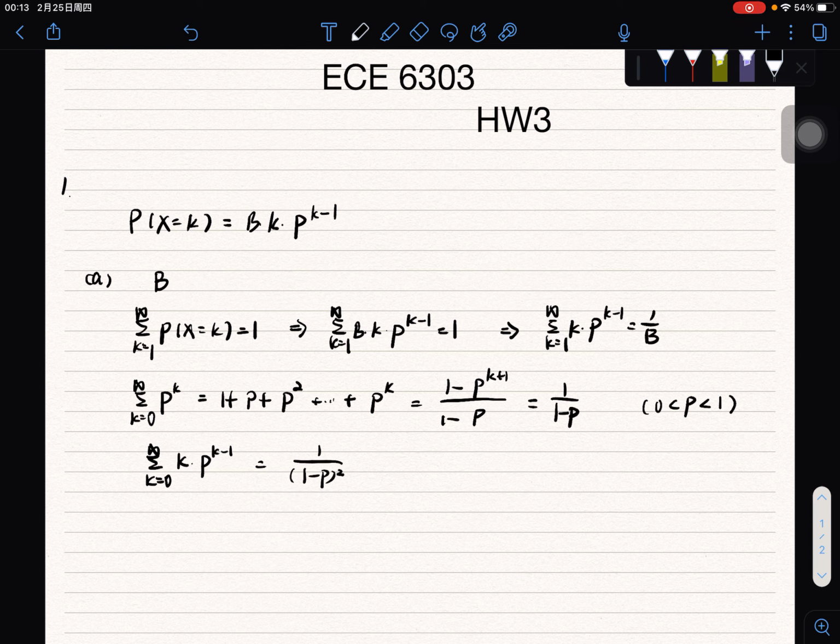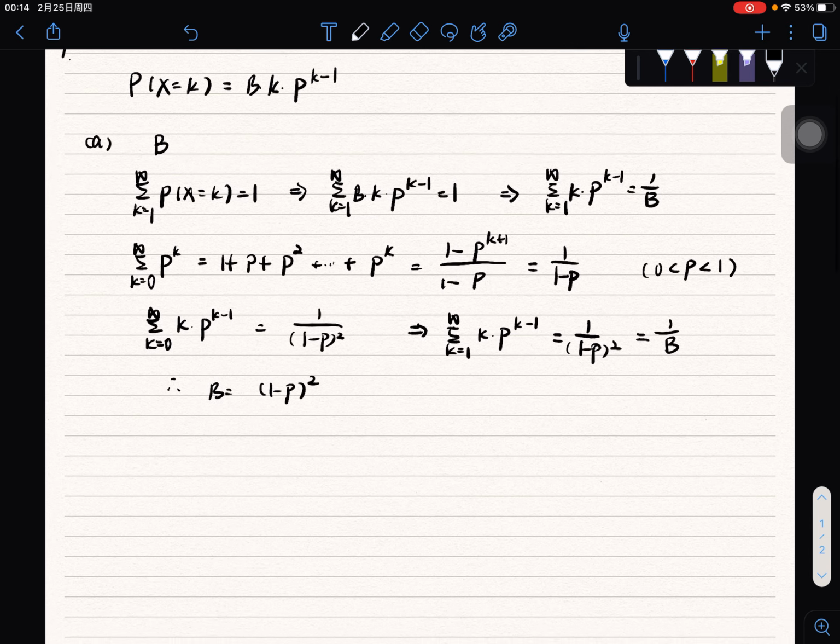And then we will know the summation k from 1 to infinity of k multiply p to the k minus 1 equals 1 divided by (1 minus p) squared, which equals 1 divided by b, and therefore b is equal to (1 minus p) squared.